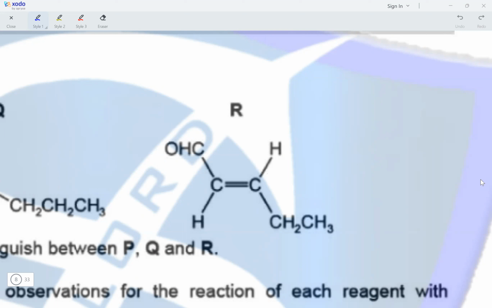So this is representing a trans isomer for compound R. Therefore, the type of isomerism that this compound shows is cis-trans isomerism or geometrical isomerism. And for the other isomer, both the hydrogen atoms would be on the same side of the double bond, which would be the cis isomer.